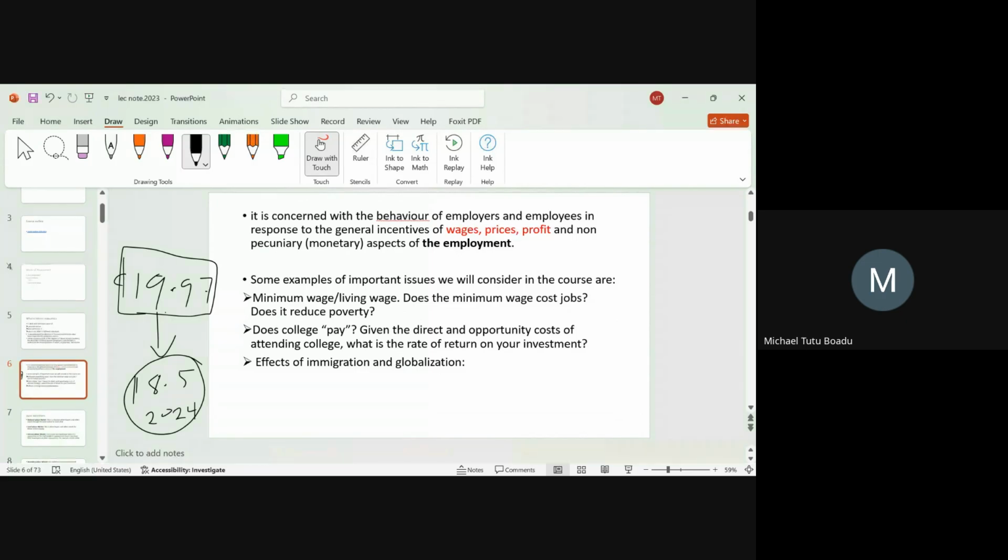Then it increased to 19.97, which is about a 10% increase. If you look at it historically, from 2014 to 2025, in 2014 the minimum wage was around 6 Ghana cedis.